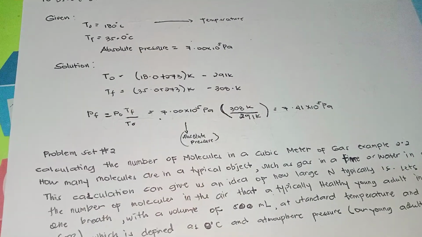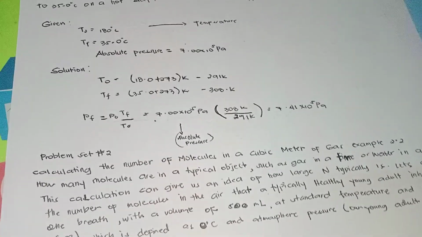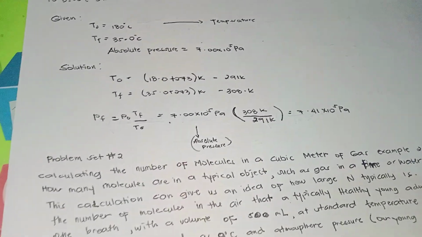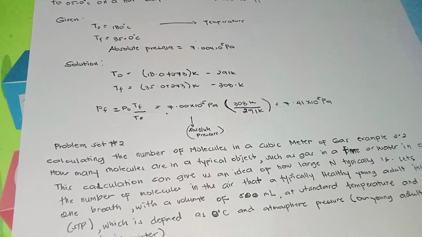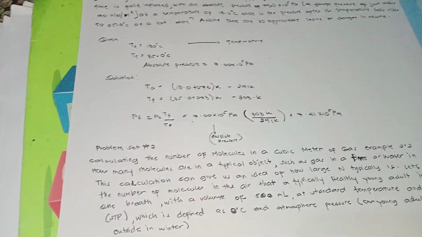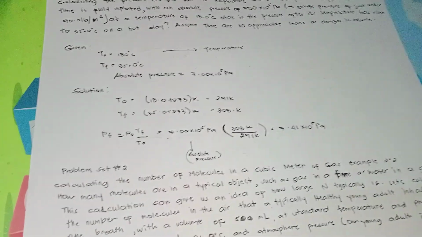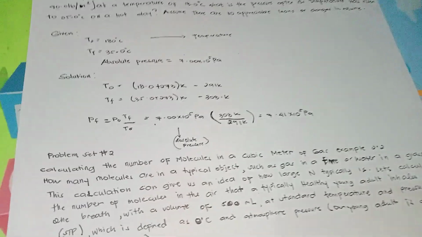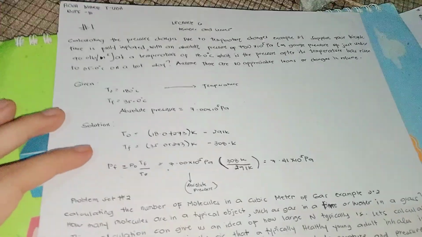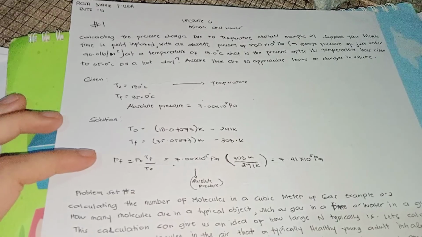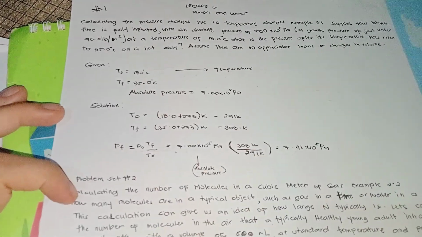So given T0, the temperature, is 18.0 degrees Celsius, and for TF, 35.0 degrees Celsius, and for our absolute pressure, which is 7.00 times 10 to the power of 5 Pa, when the bicycle tire is fully inflated.